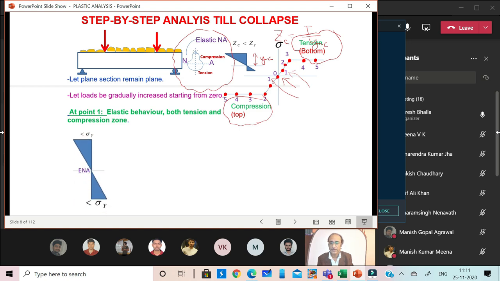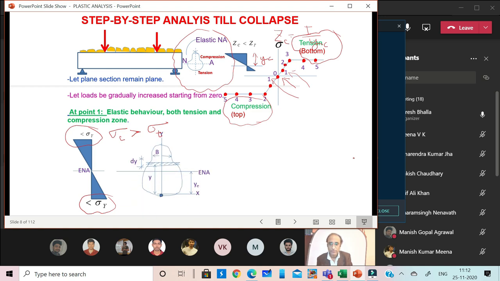Here we have again drawn the stress diagram. This is the compression side, less than the yield stress, and this is the tension side, also less than the yield stress, but the compression stress is greater than the tensile stress, as shown at the top. This is our cross section.